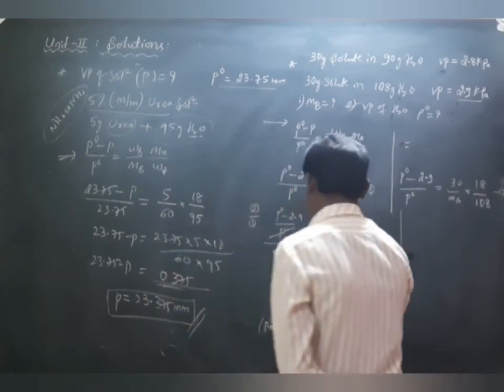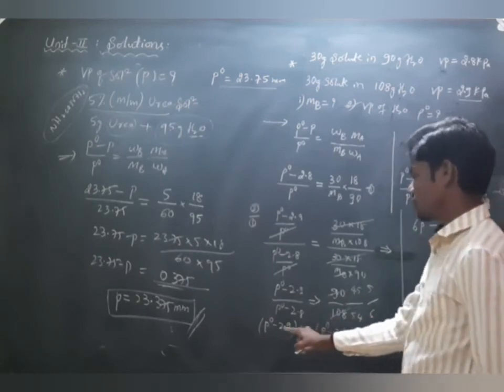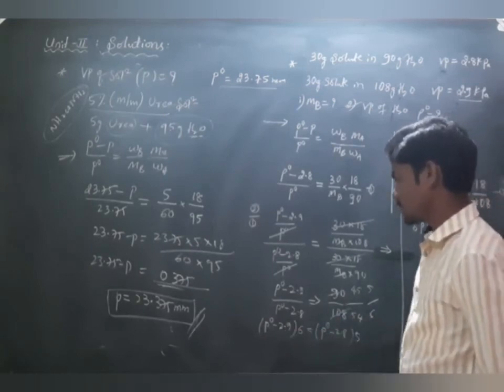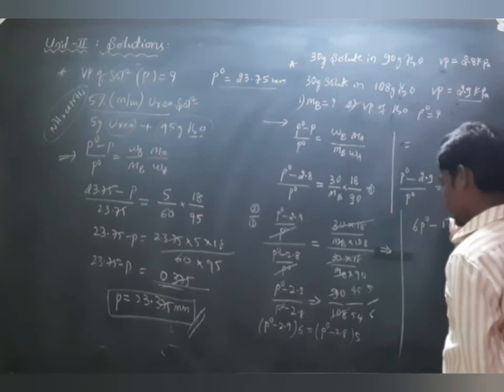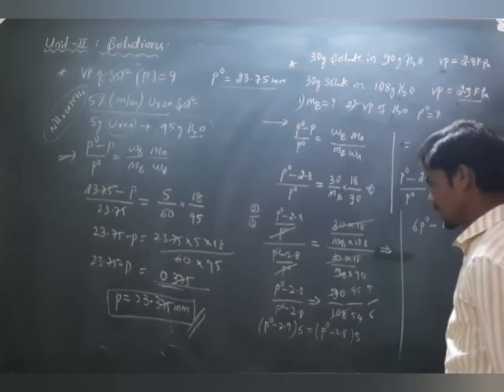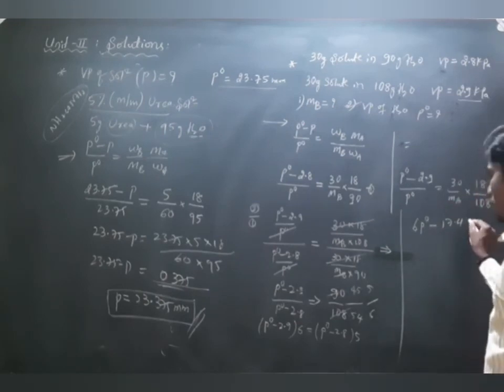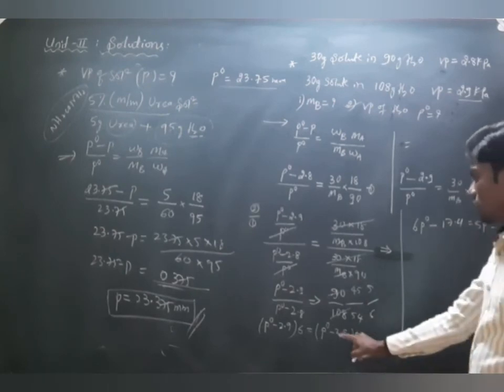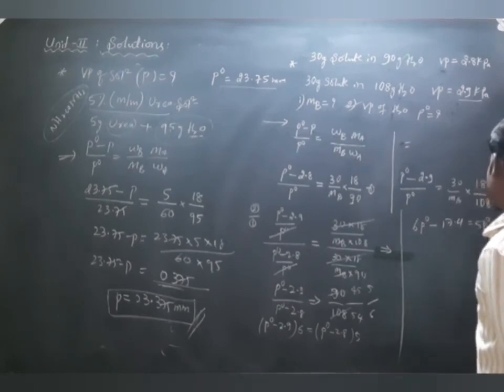So it gives 6 P naught minus 6 into 2.9, which is 17.4, that is equal to 5 P naught minus 5 into 2.8, which is 14.